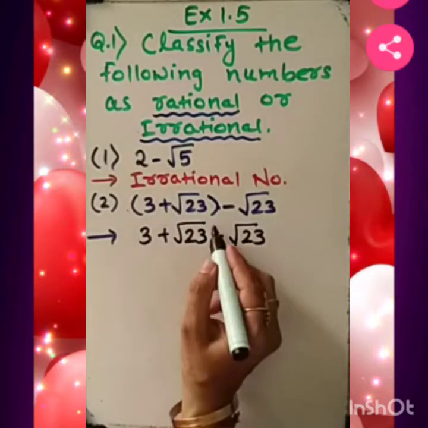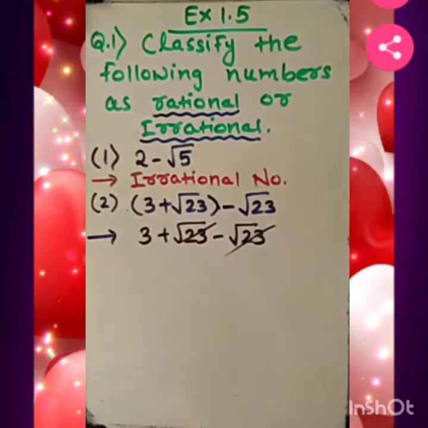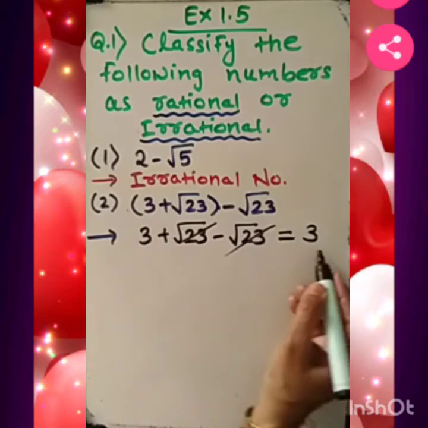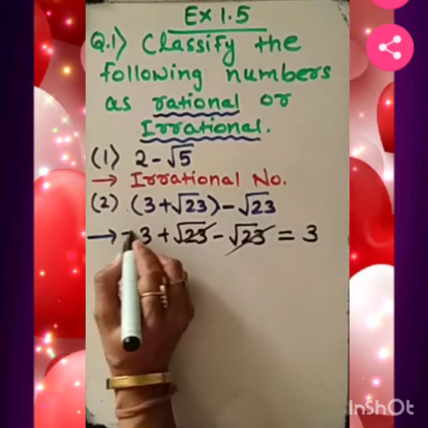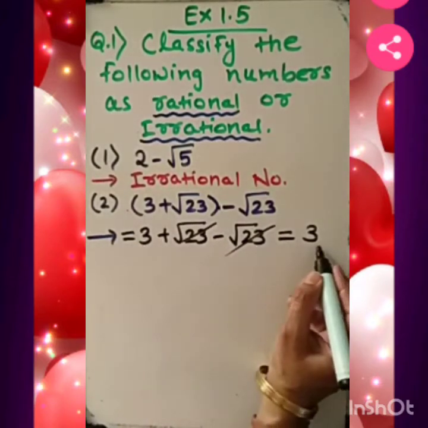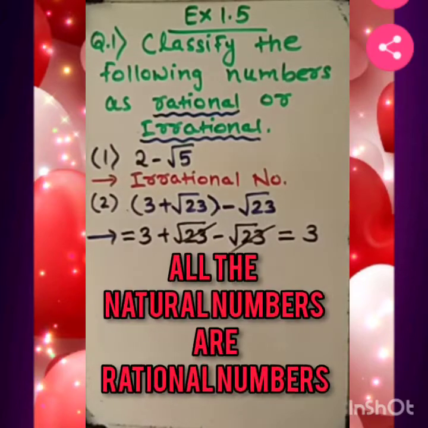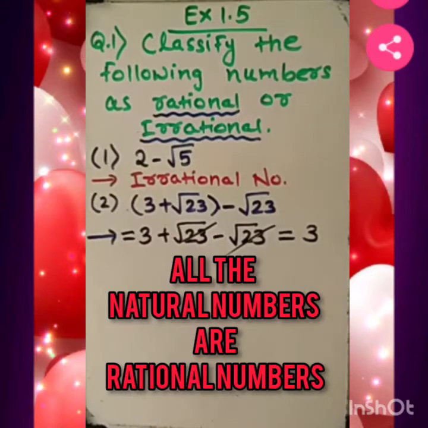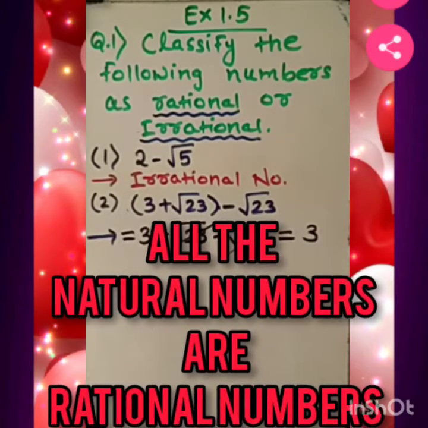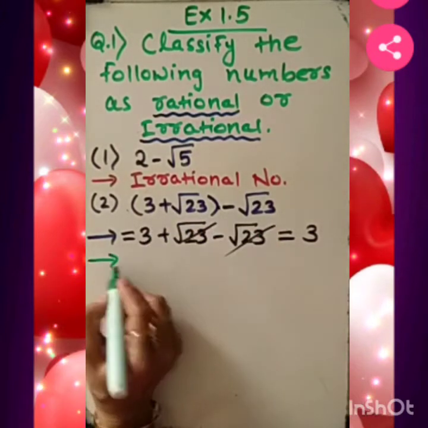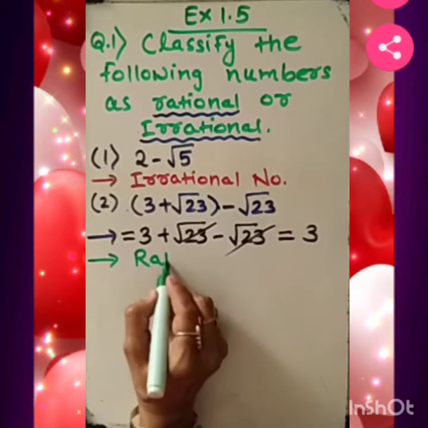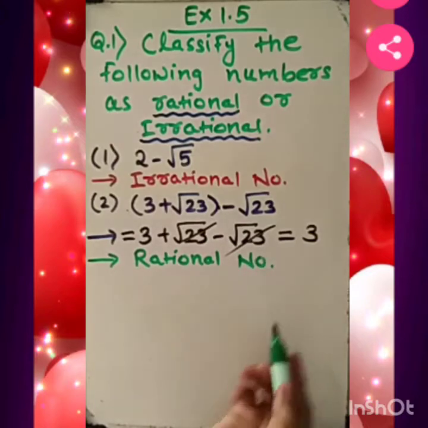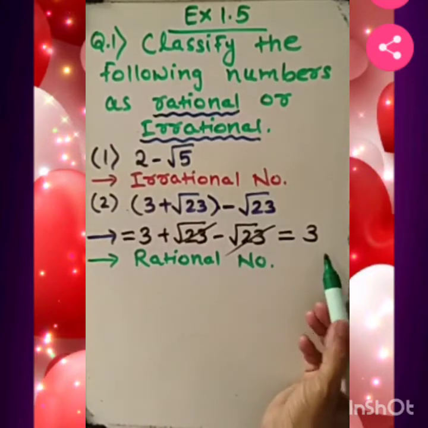As we know, the same number with opposite sign will cancel, so our answer is 3. As we know, 3 is a rational number, because 3 can be written as 3 by 1. So we need to mention here it is a rational number.